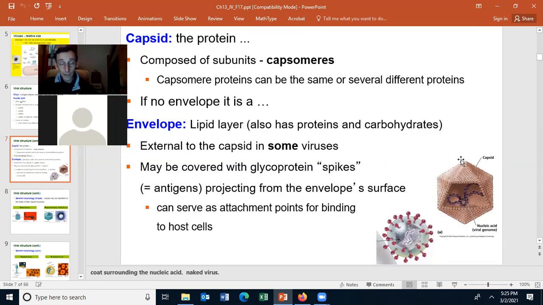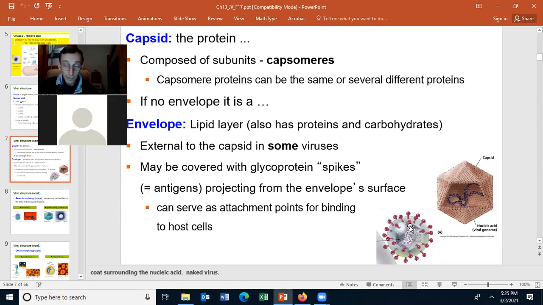And antigens, all they are is a molecule on the surface of a virus or other invading microorganism that the body recognizes as foreign to the self. That's just what an antigen is. Also, these spikes are what the virus uses for attachment.